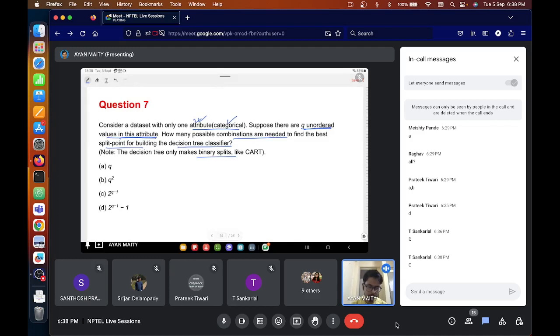Sankalal is saying option C, which is 2 to the power q minus 1.